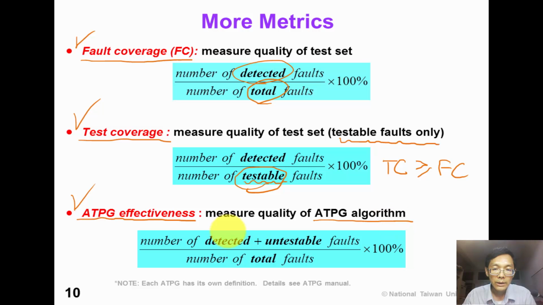In our ATPG, we can either generate a test to detect the fault, or we can prove a fault untestable. Those two are the contribution of our ATPG, so we put them in the numerator.